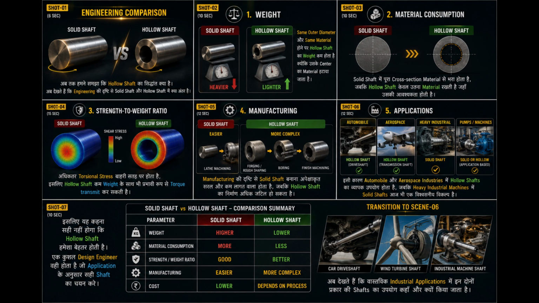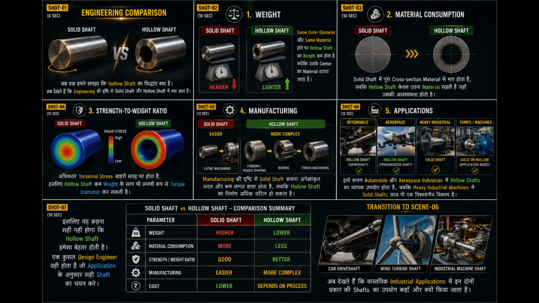Now that we understand the engineering principle behind hollow shafts, let's compare both designs from a practical engineering perspective. First, let's compare their weight. For the same material, length, and outside diameter, a hollow shaft weighs less because the low-stressed material at the center has been removed. Next is material utilization.